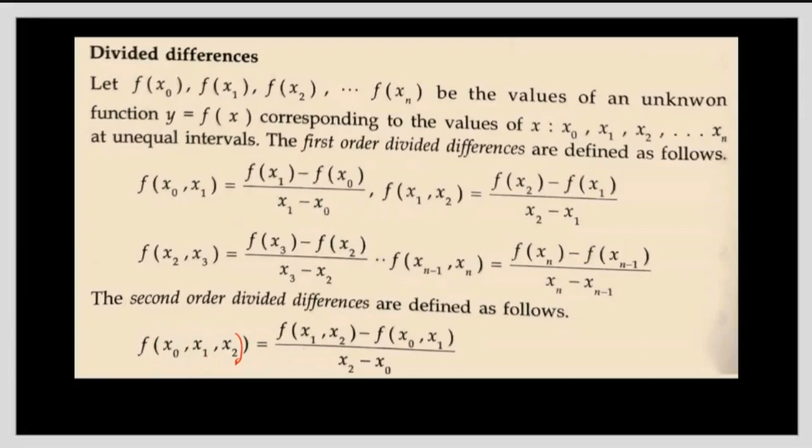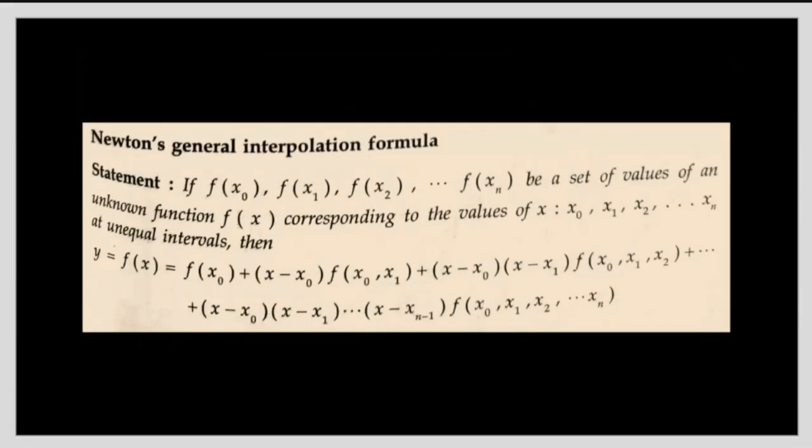So f of x1 comma x2 minus f of x naught comma x1, divided by last number minus first number. Let us see one example based on this, so that we will come to know. It's about the general principle.